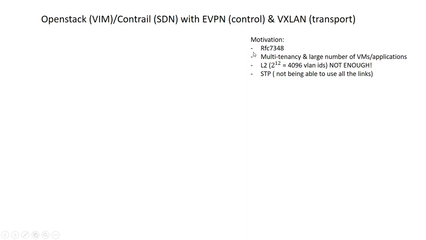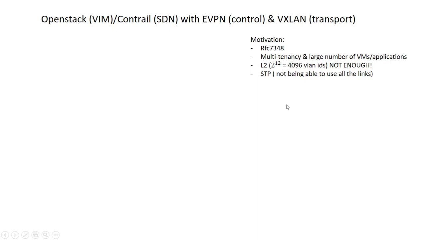So what is the motivation for this? We can find the motivation in RFC 7348. It's always good to read RFCs because they're the ultimate truth for any networking technology. In the data centers, what we face is multi-tenancy and a large number of VMs and applications.